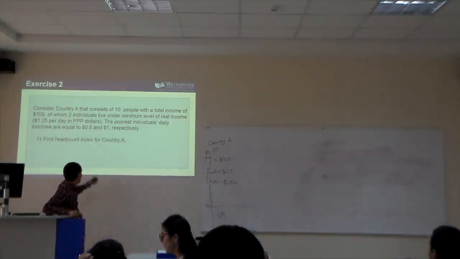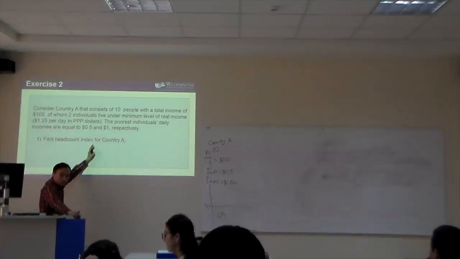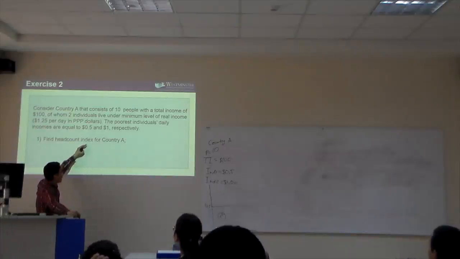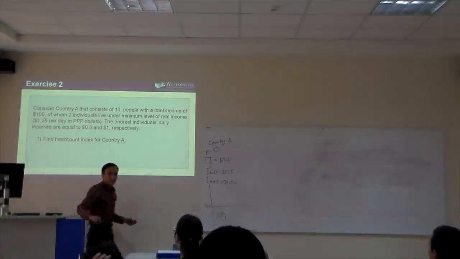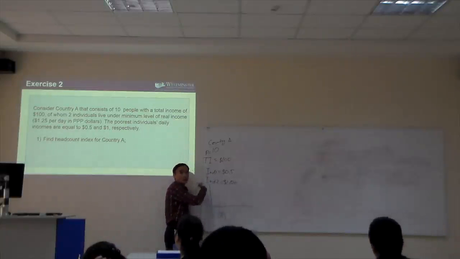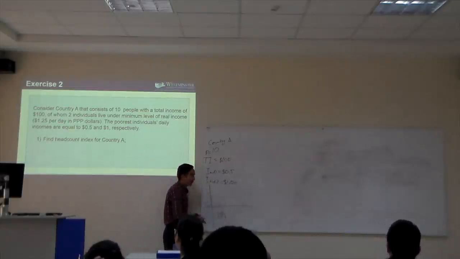So now, you should find headcount index for this country. Headcount index. It's very easy. How do we find it? We have to divide the number of absolutely poor people into total population.